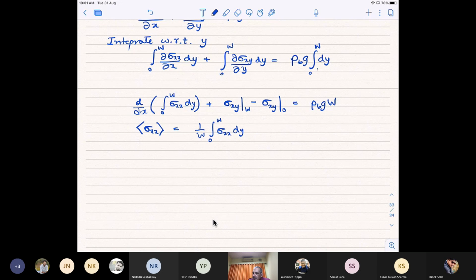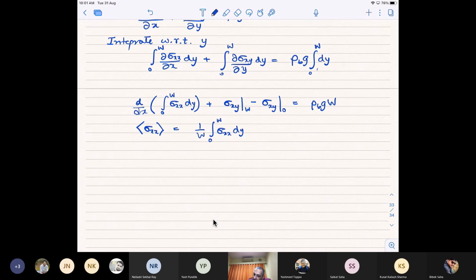So this is the cross-sectionally averaged value of the normal stress sigma xx. It's the integral from 0 to w divided by w, and this will have units of stress. This is the first thing, and then I'll substitute also for the others.